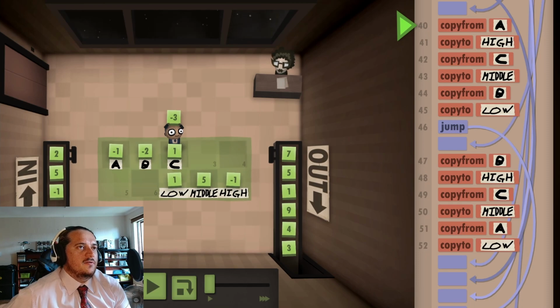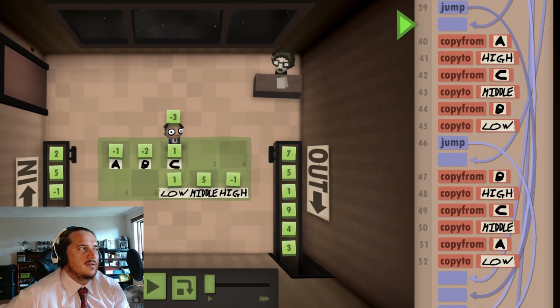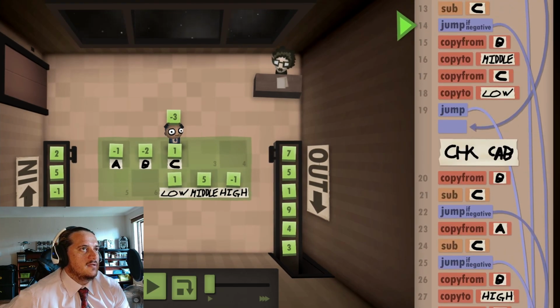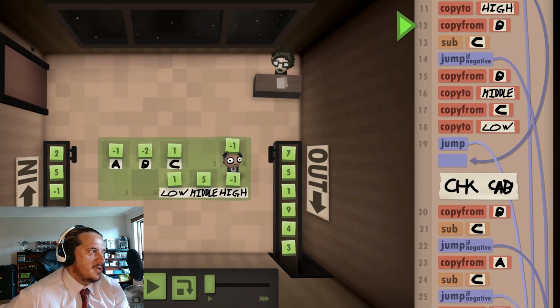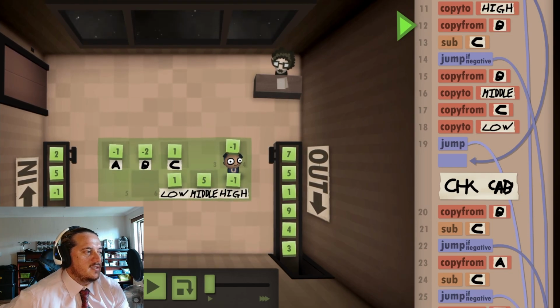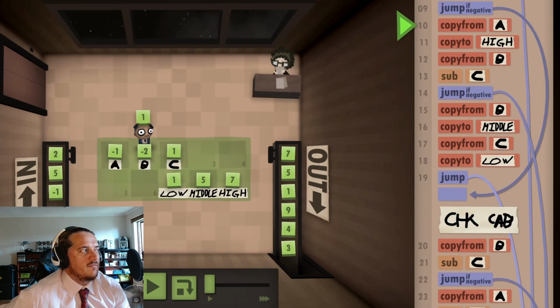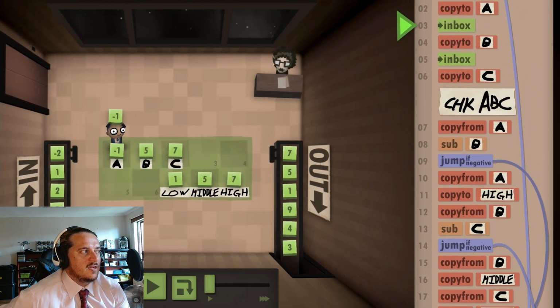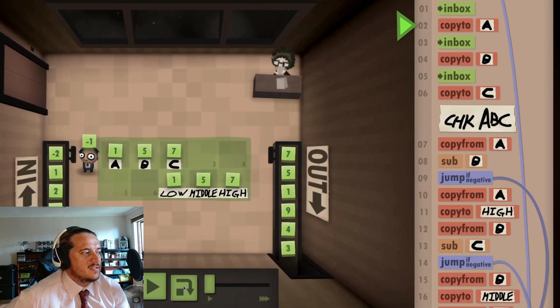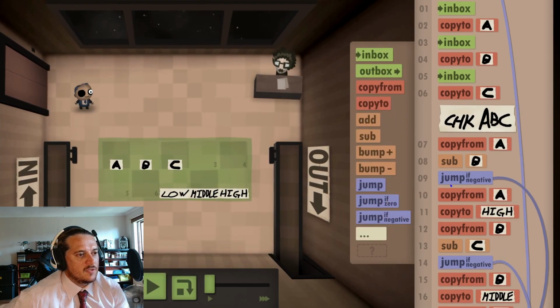Let's see. So should be BAC. That one should be BAC. Now I've got to do a check when the numbers are negative right at the start. I don't like it when these numbers start off as negative. It messes the whole thing up. Stop.